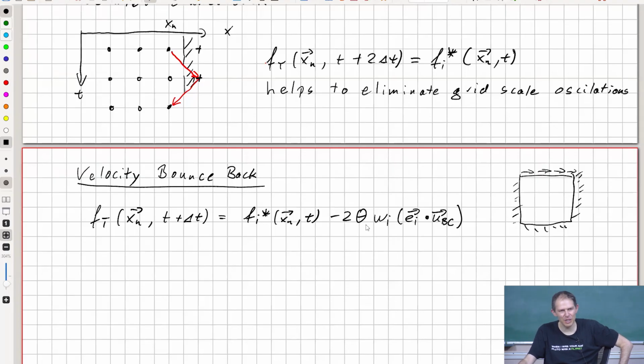So why would this be conservative? Okay, that's this here that you add. So this alone would be conservative without the added velocity, right? Okay, what do I mean with conservative? Mass conserving, not momentum conserving.